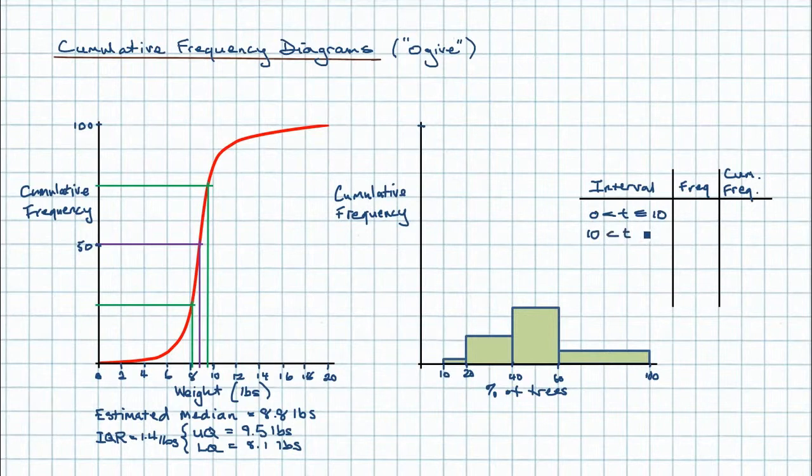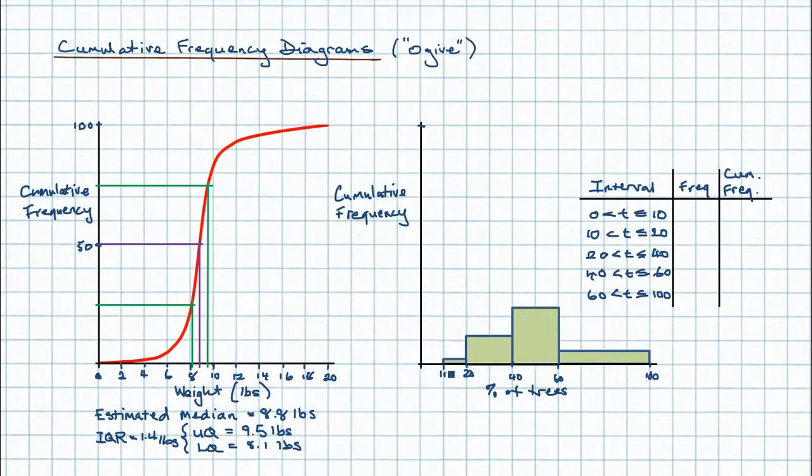So from 10 to 20 now, 20 to, it jumps an interval, so we get from 20 to 40, then we get from 40 to 60, okay, and finally from 60 all the way to 100.